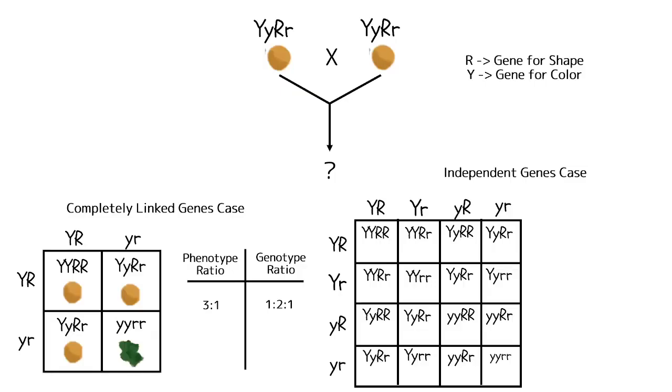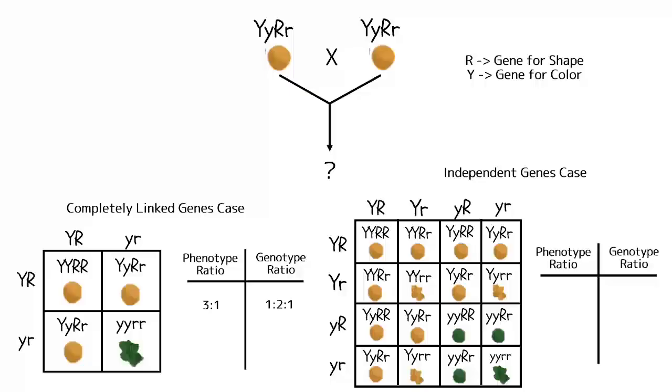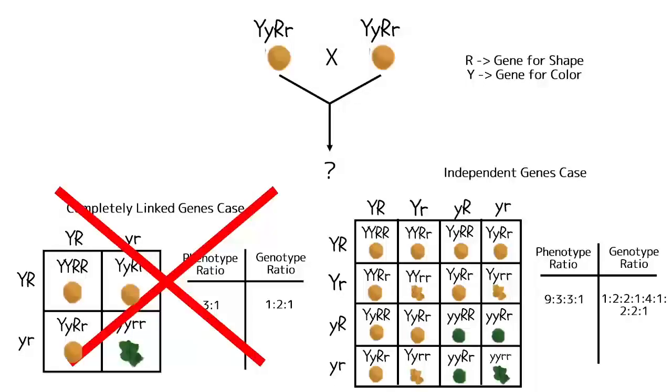This will be the possible offspring genotypes, and this will be the possible phenotypic visualization. As you can see, the phenotypic ratio will be 9:3:3:1, and the genotype ratio would be this large ratio. And when Mendel performed the experiments, he got the independent genes case.